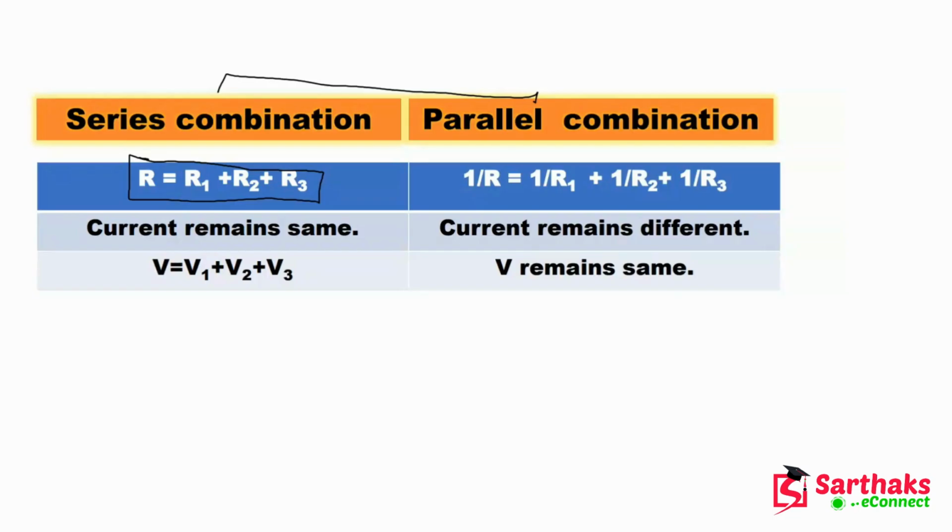Now let's talk about the parallel combination. In a parallel combination, we will simply add the inverse of the resistances. What is the combined resistance in case of a parallel circuit? It will be 1 upon R, where R is the combined resistance.